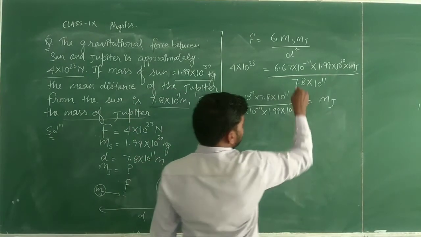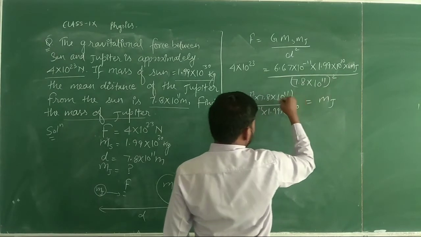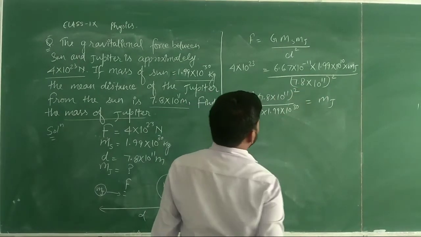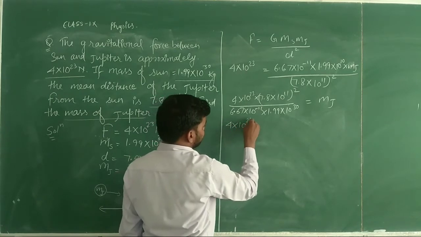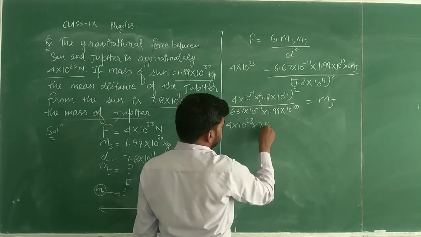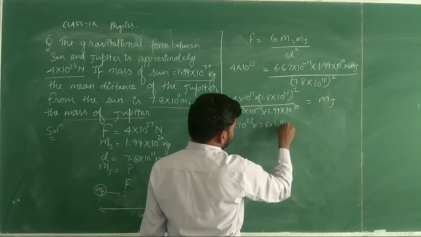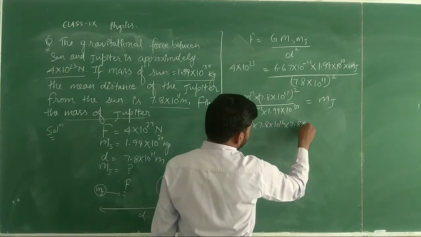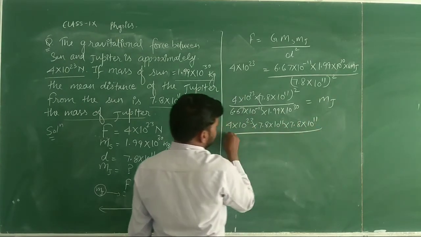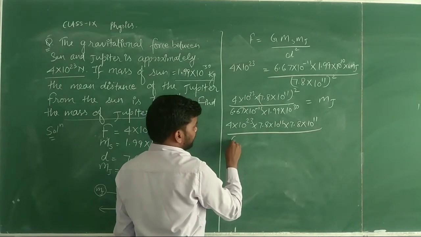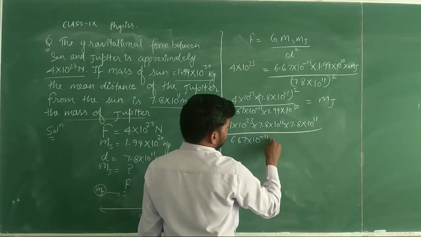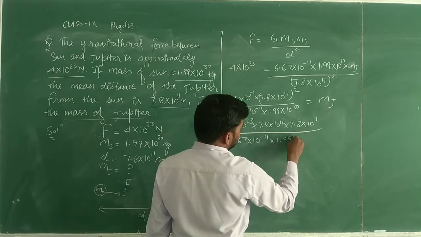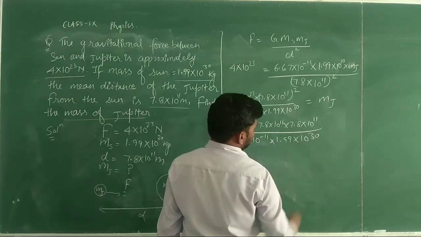And here it will be squared, okay, because it is distance. So just write it down: 6.67 × 10^-11 multiplied by 1.99 × 10^30.